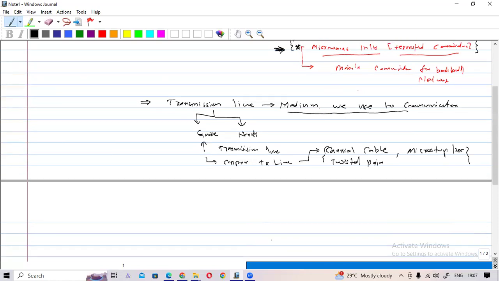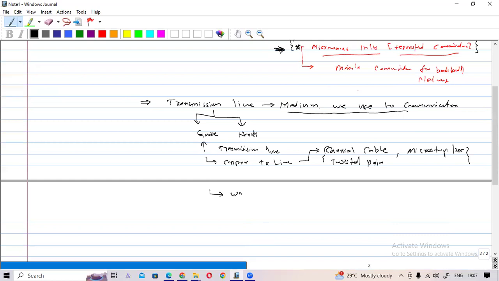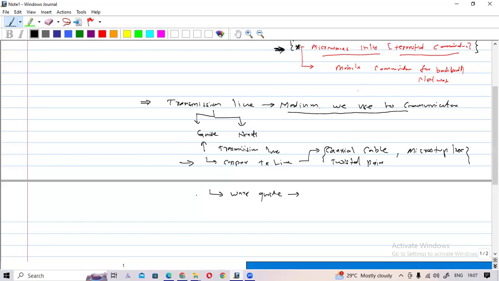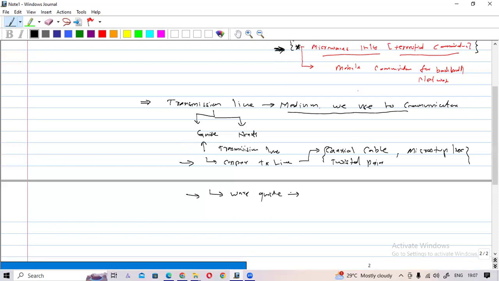We also have to learn about waveguide. Waveguide is another type of transmission line. And of course, optical fibers are also a transmission line, but we do not use them for microwave communication. Especially, we are using copper transmission line and waveguide for microwave communication.